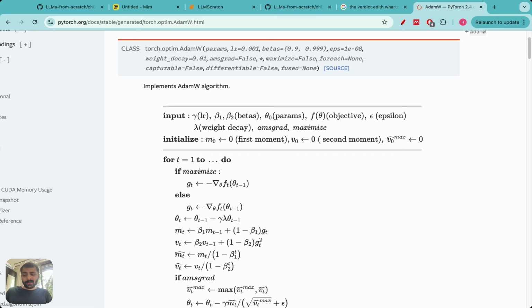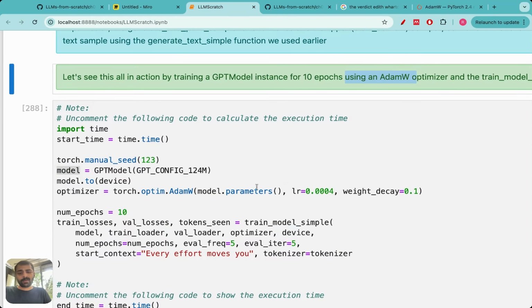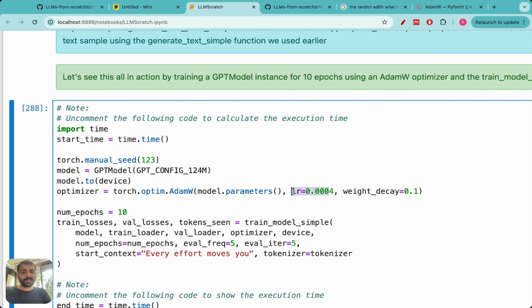Just know for right now that for all modern machine learning algorithms for classification, regression, Adam has now become the go-to optimizer of choice because it works very well. It avoids local minima and it leads to faster convergence as well. AdamW is another version of Adam where we specify the learning rate and we specify the weight decay. Now, these are the parameters which you can play around with. These are generally called hyperparameters because we need to tune them.